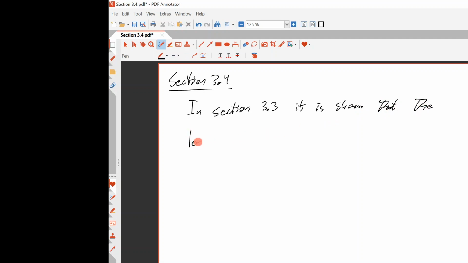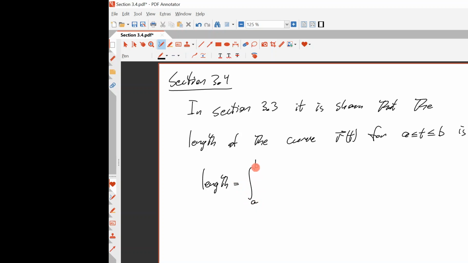the length of the curve r of t, for a less than or equal to t less than or equal to b, is just like what it was in Calc 2, although we didn't state it this way.